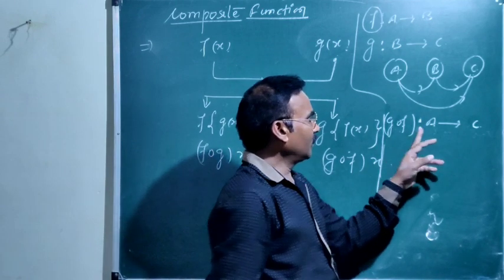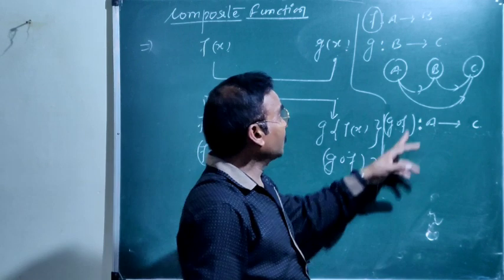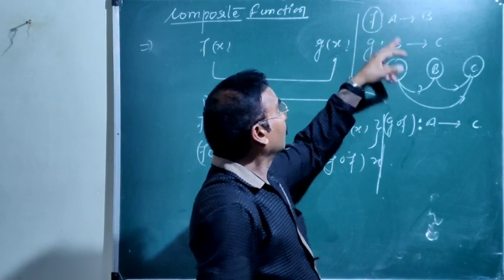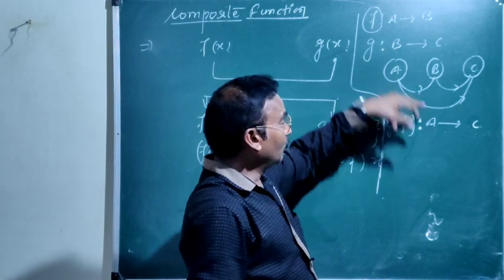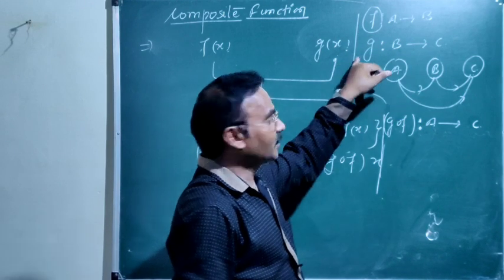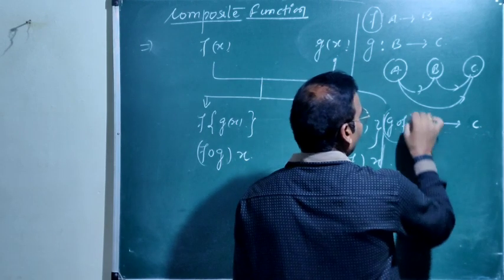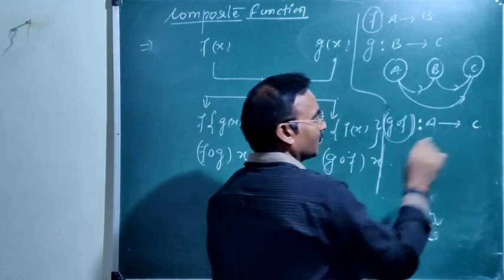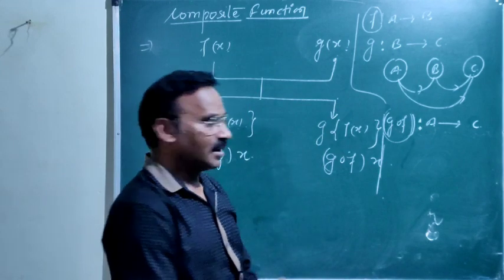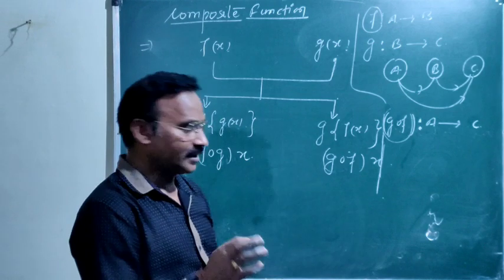What should it be? Because the domain of function f is given, and the domain of function g is given, you have to take gof from a to c. This is called the composite function, and there are so many properties of the composite function that I will discuss later.